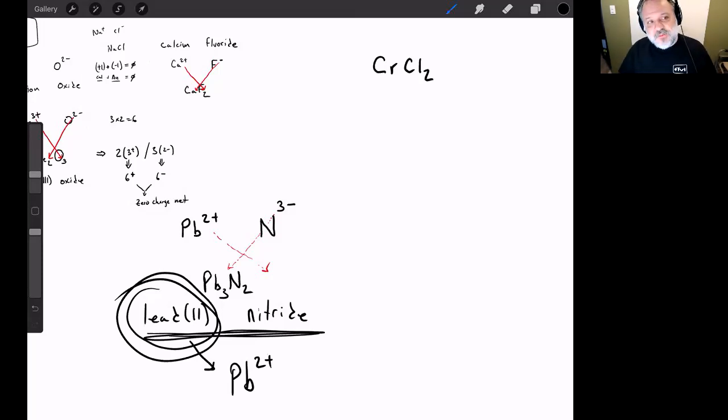And so how do you sort that out? Well, you have to do sort of a reverse cross-down game. And so we write the formulas of the ions down in reverse. The key, the linchpin, the keystone, the thing that helps you solve this is that you do know without a doubt the formula for the chloride ion. That's right, now you're with me.